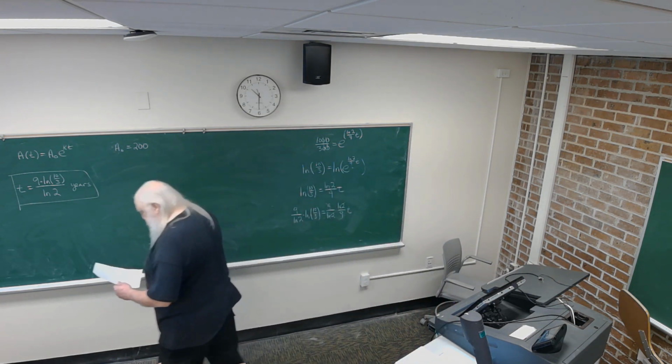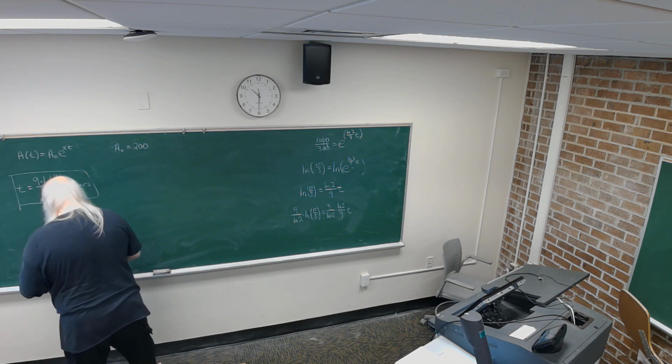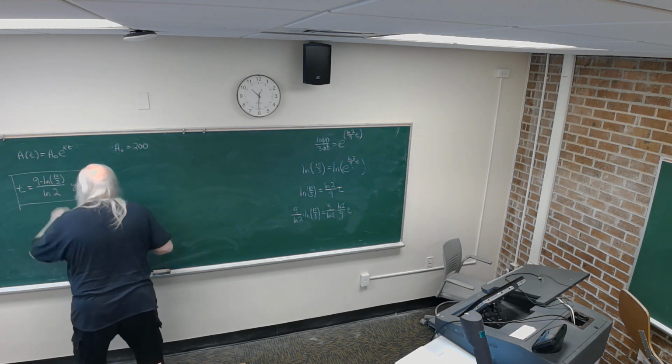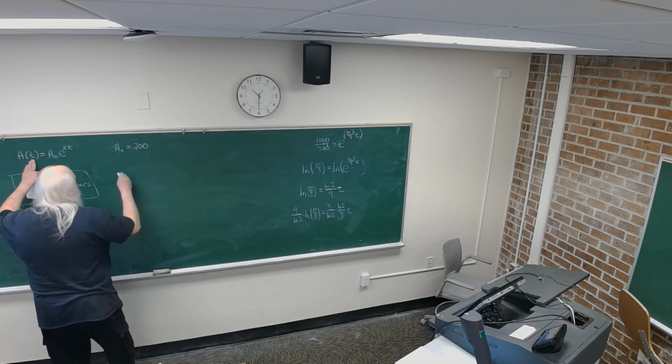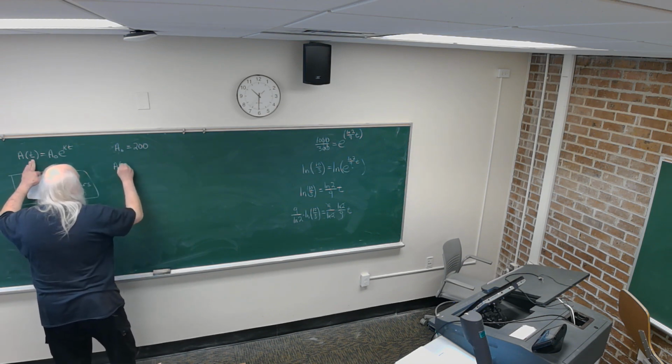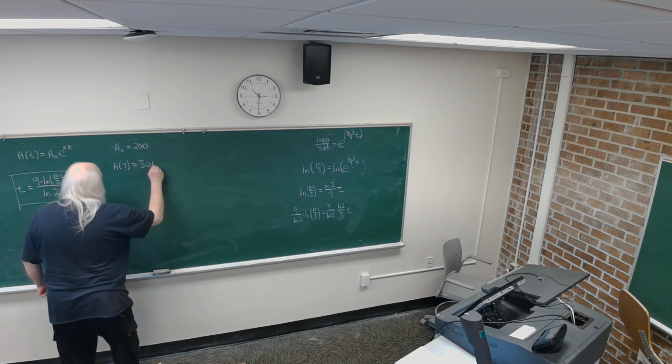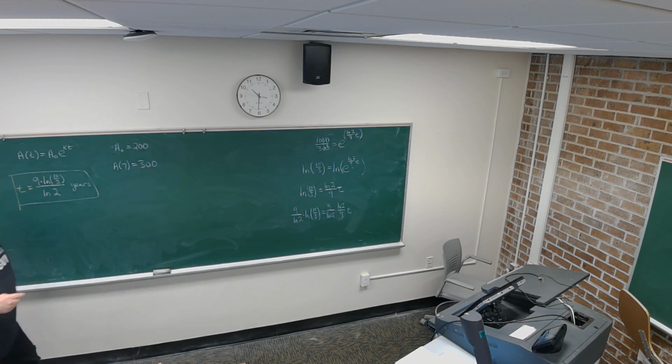So that tells us, in our model, at t equals 7, A of 7, the amount of bacteria after 7 hours, is equal to 300 bacteria.